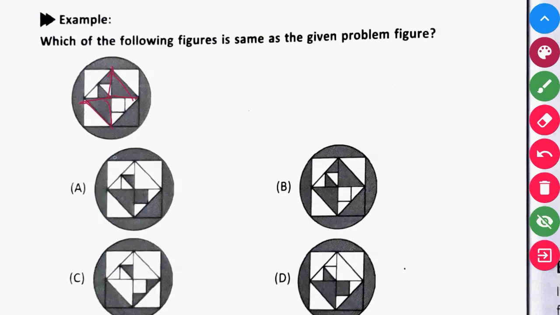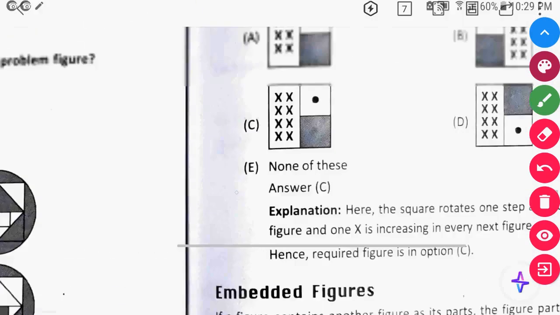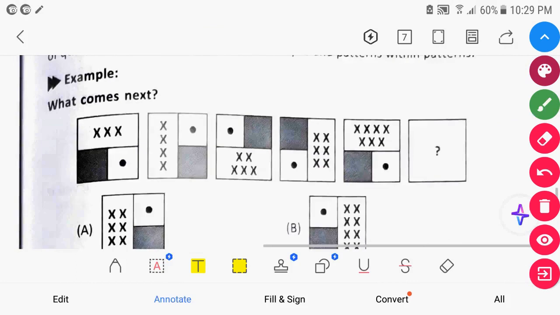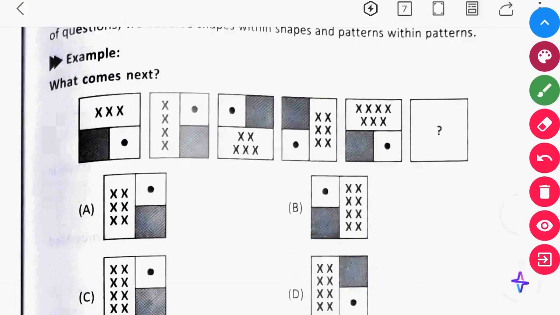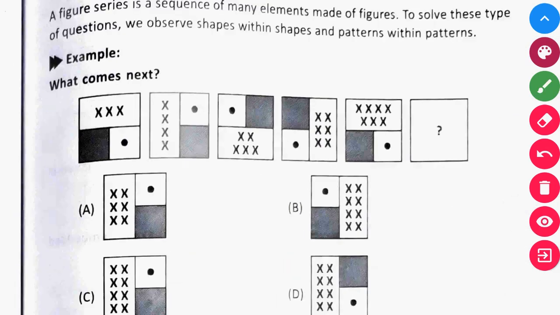Now if we check the answers, here only one triangle is shaded. Here no inner triangles are shaded. Here also only one is shaded, but in B both the triangles are shaded and the small triangle is half shaded, and the same pattern which is given in the question is followed by B. So you have to think logically and solve the questions.